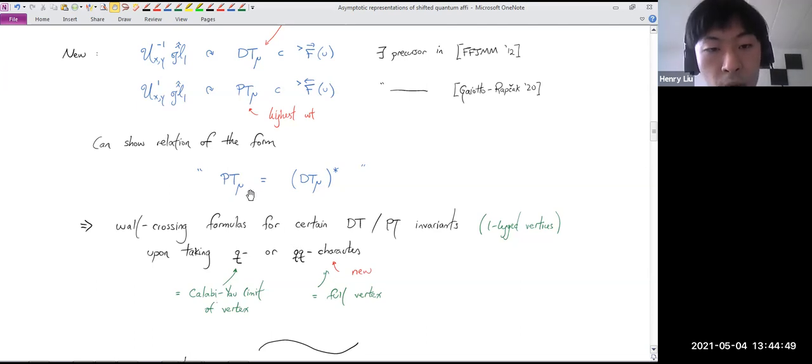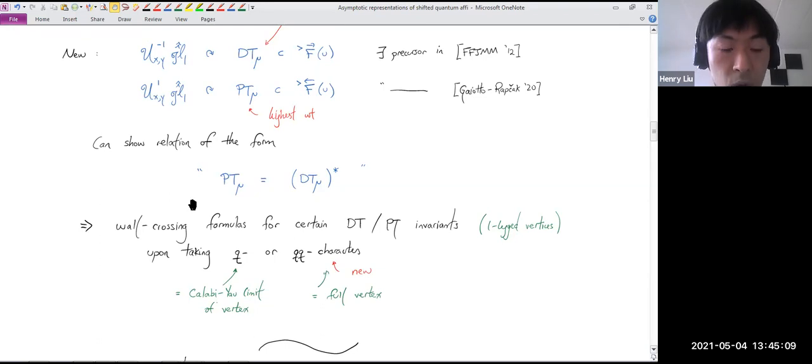And so taking Q or QQ characters of this relation, you'll get certain relations in between DT and PT vertices. And these relations are commonly known as wall-crossing formulas due to a certain geometric relation in between DT and PT theories.